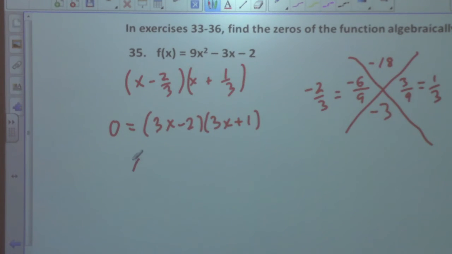So x is equal to positive 2/3. And then negative 1/3. x is equal to negative 1/3. Okay, does that look right?